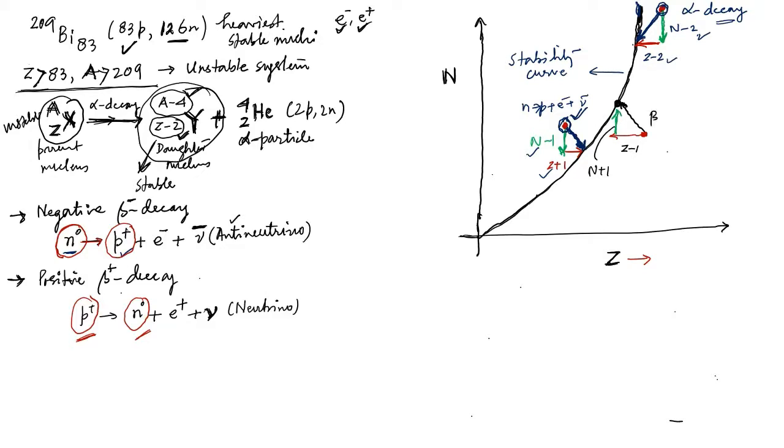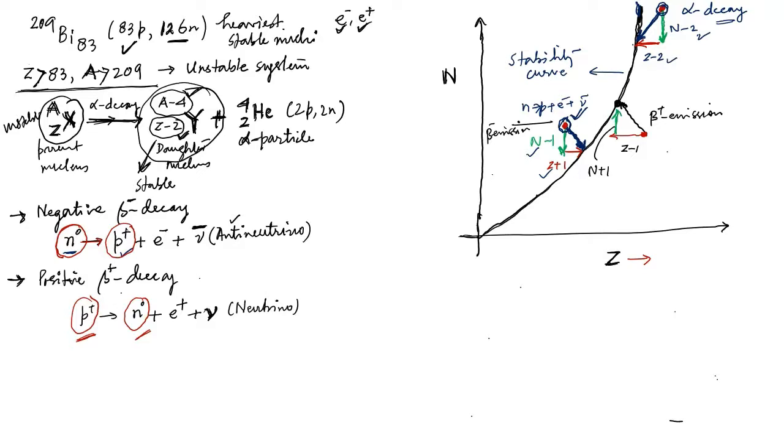This is beta plus emission, and this was beta minus emission. So this is how this decay process helps an unstable system which is large enough, and the more number of neutrons is not capable of holding the system stable.